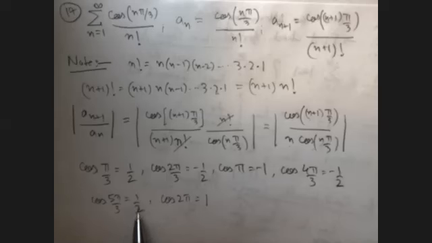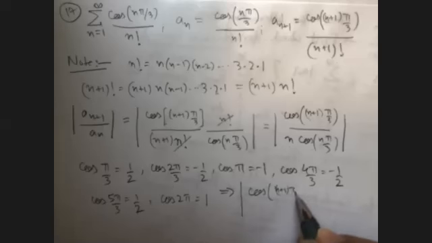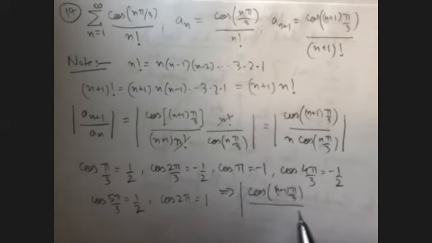So you get 1 divided by 1 over 2. So this implies this ratio of cos is less than 2 over n.